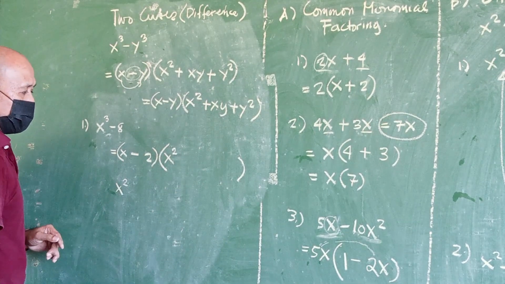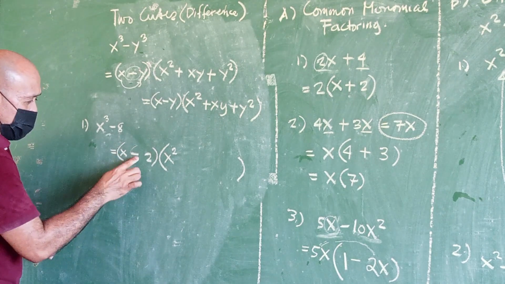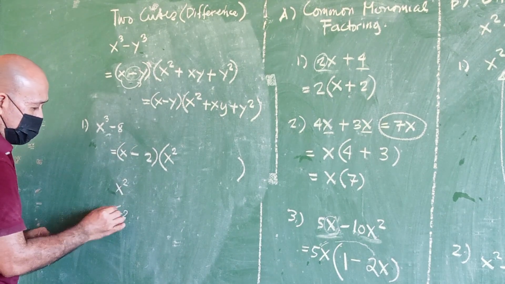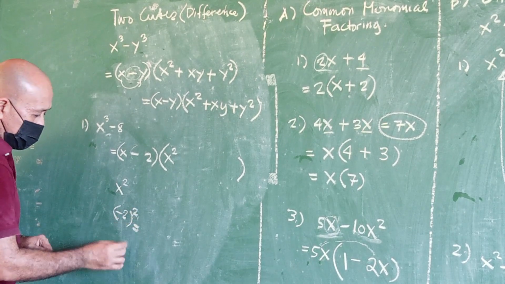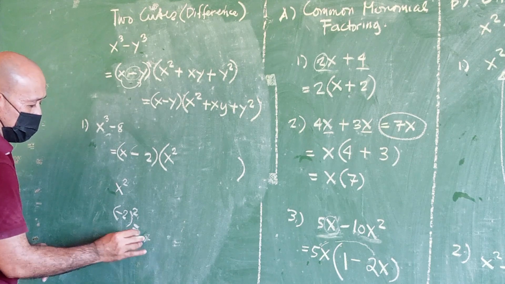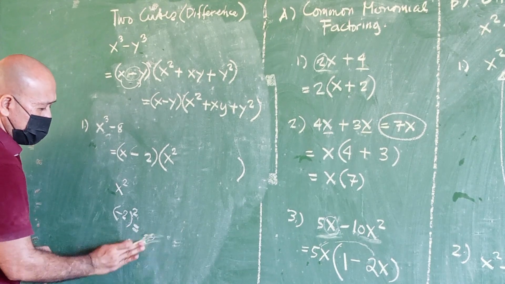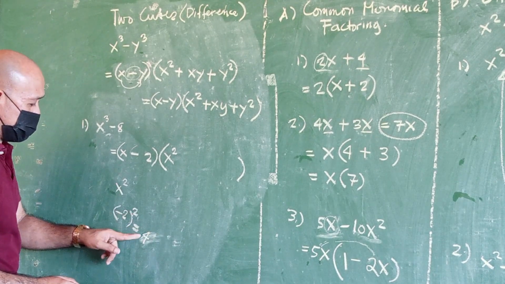and place that one as the first term of the trinomial. And including the operation minus, considered as negative 2, you raise it to a power of 2, and then the result will be 4. Or simply, 2 squared, that is 4. When you square negative, the result is positive.